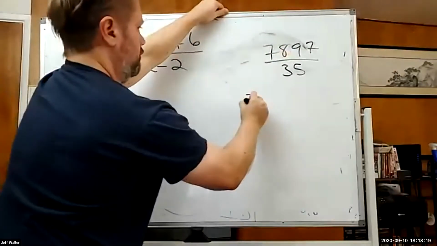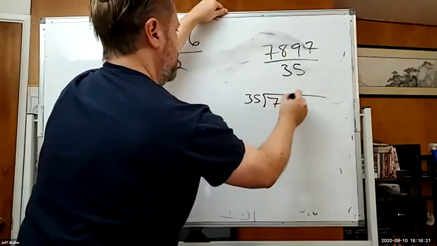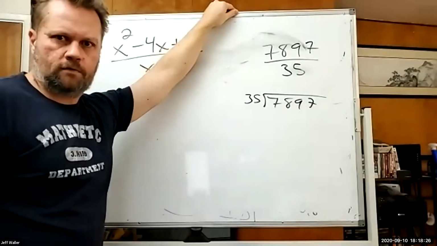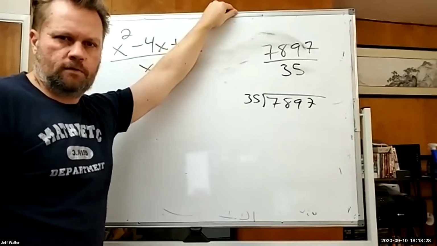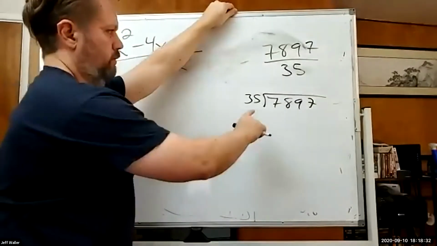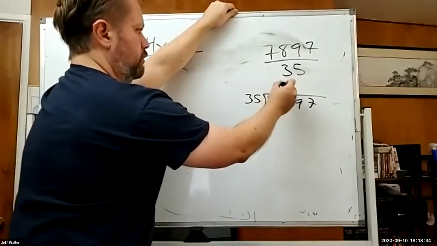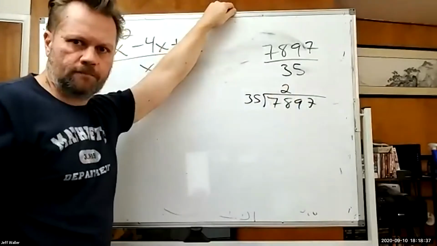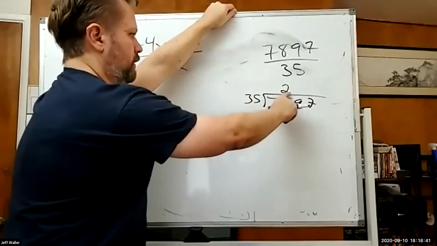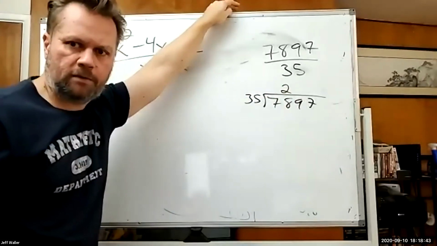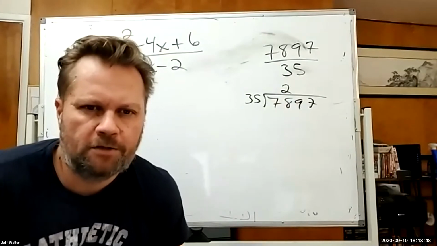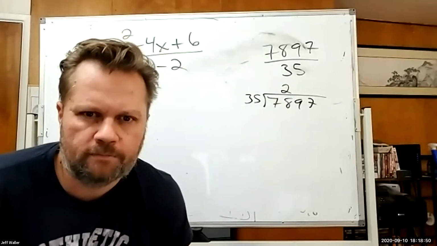I'm going to do 35 into 7897. Now watch what I'm going to do. 3 goes into 7 twice, so 2 is a good guess there. You see how I can look at the first piece and give a good guess as to what to try there? Is everybody with me?